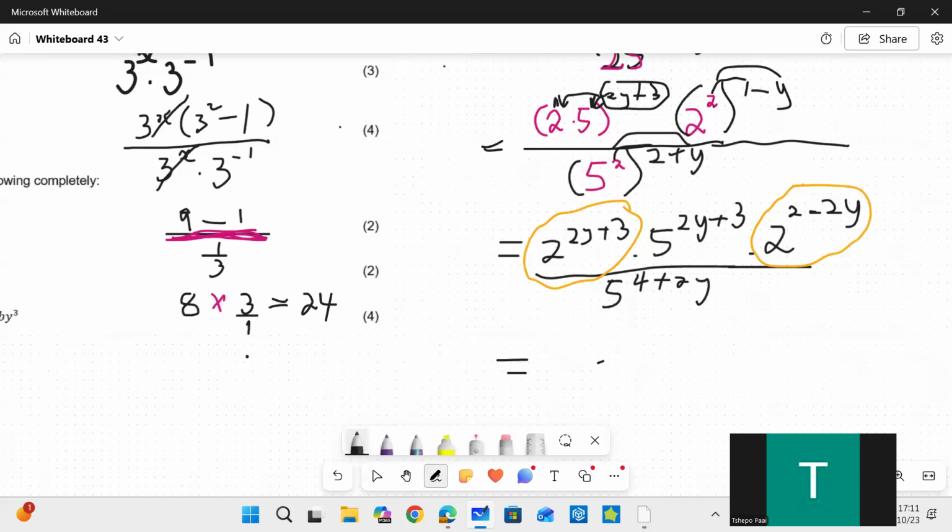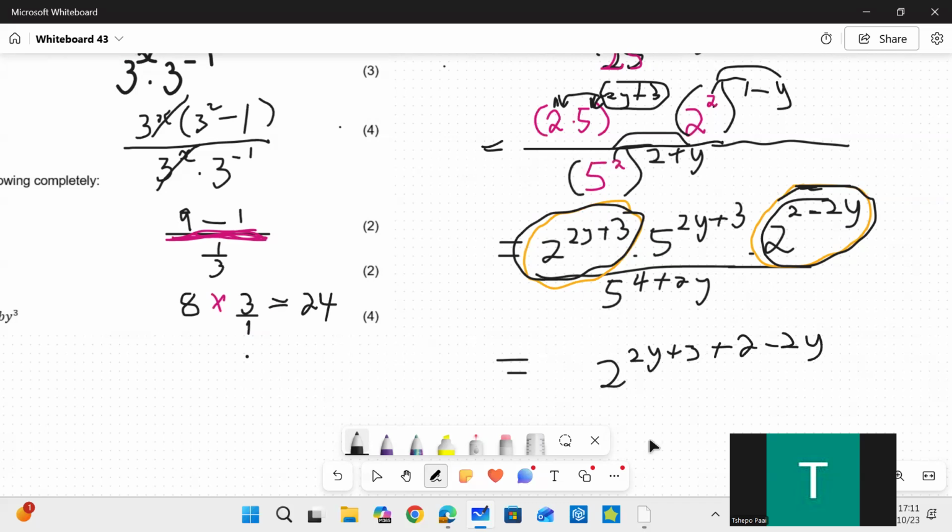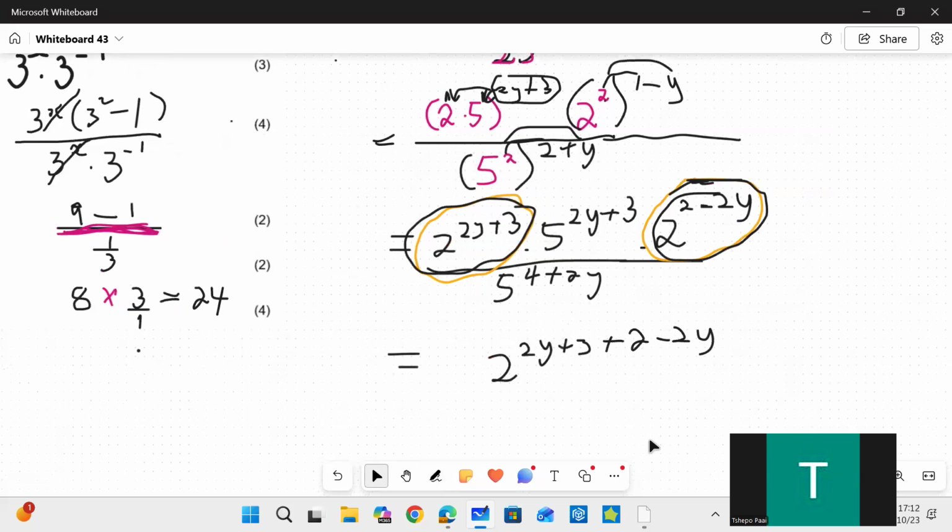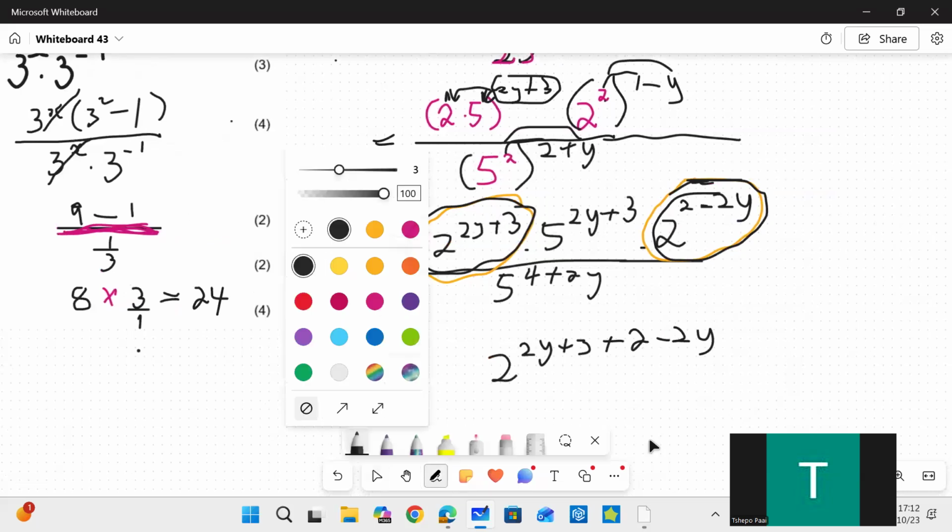So we have 2 to the exponent 2y plus 3 plus those exponents here, these two. So that exponent is 2 minus 2y. Times.